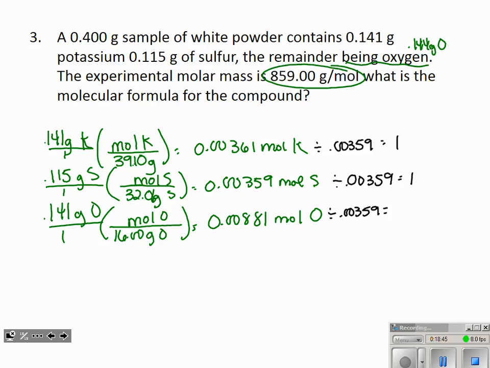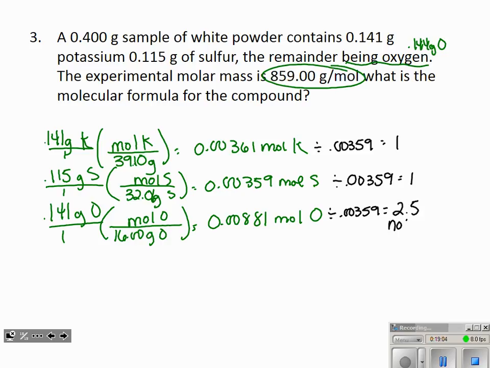So here we're going to get a roundable 1 for the potassium. We already have the 1 for the sulfur. 0.00881 divided by 0.00359. Now we're getting 2.45, which is really 2.5.